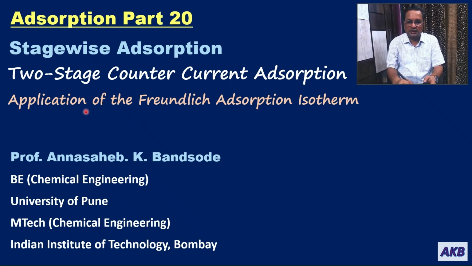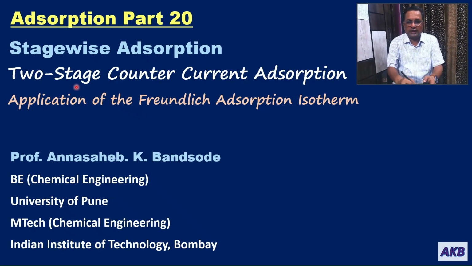So we will learn how to apply the Freundlich adsorption isotherm to a typical two-stage countercurrent adsorption operation. That is, we will know how to deal with a two-stage countercurrent adsorption operation if the equilibrium is described by the Freundlich adsorption isotherm.